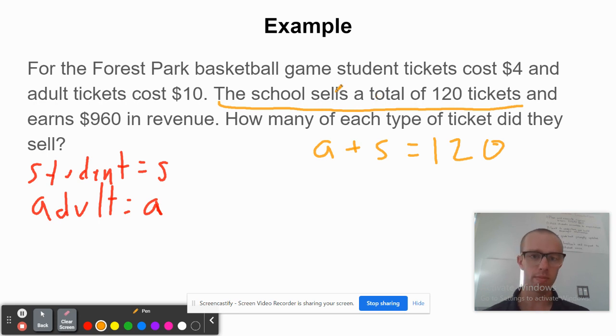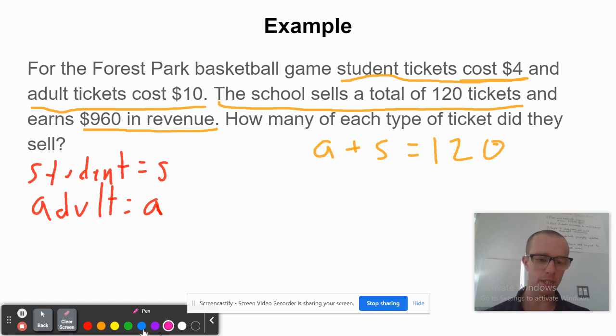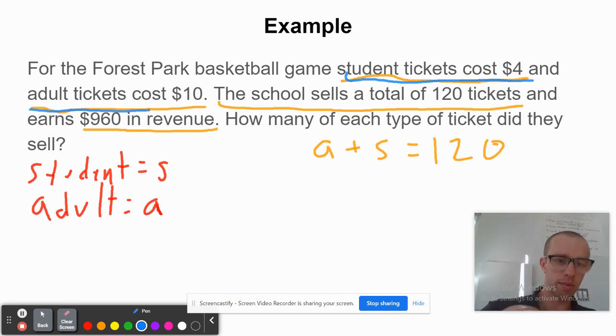All right. Now let's look at the rest. They made $960 in revenue, cost $4 for a student ticket, $10 for an adult ticket. Those are some of my other pieces of information. I'm going to underline these in blue and write the second equation in blue.